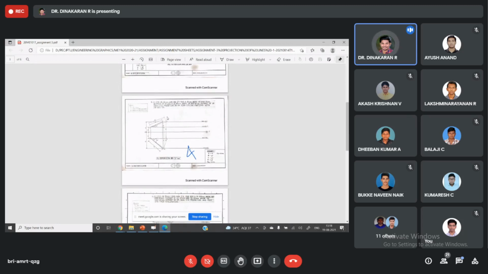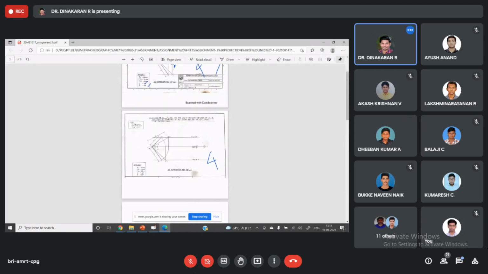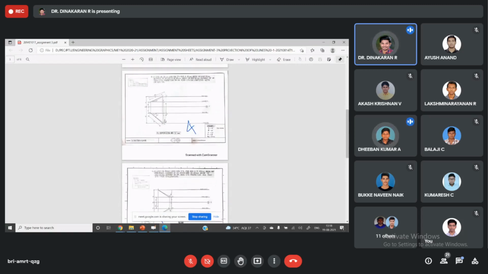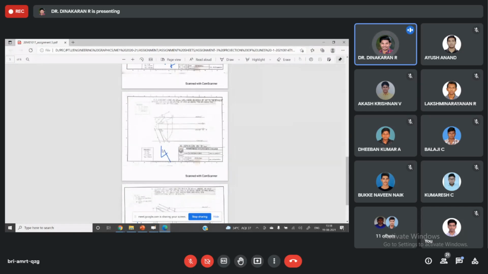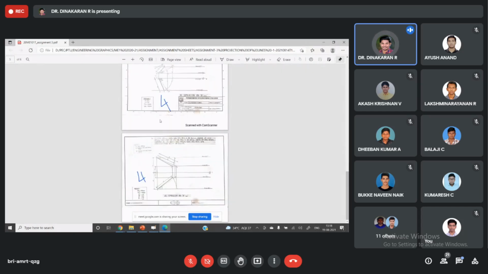Where is the arrow mark? Forgot. Sorry. This question dimension. Exactly, I am giving maximum. You see, for this case I am going to use it for dimension. Here also for dimension.